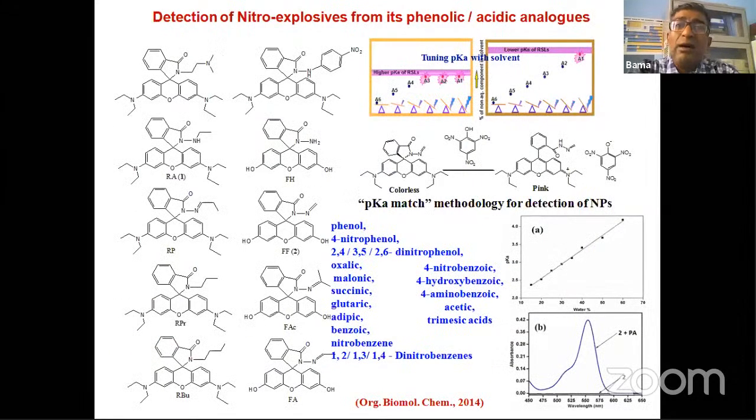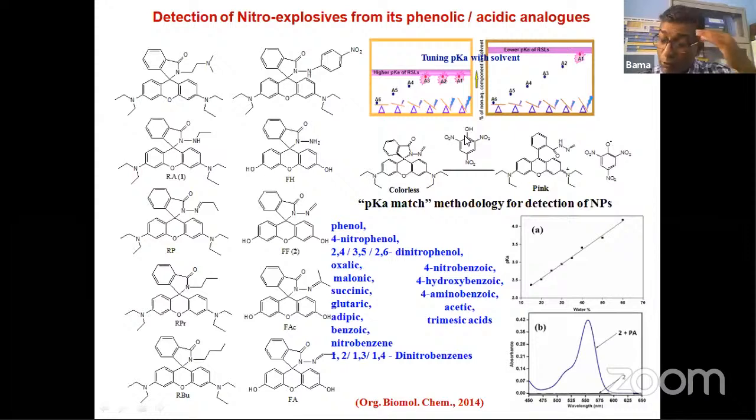Then nitroaromatic detection, because there are various methodologies, like for detection of aromatic phenols. Some say it is because of the proton, some say because of the pi interaction between the probe and the guest.